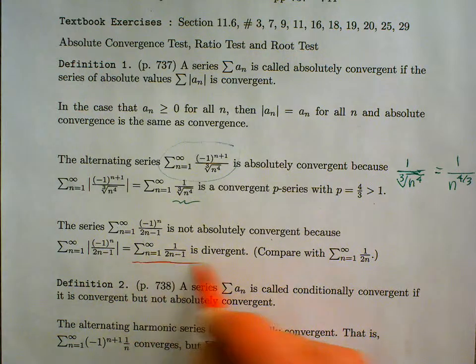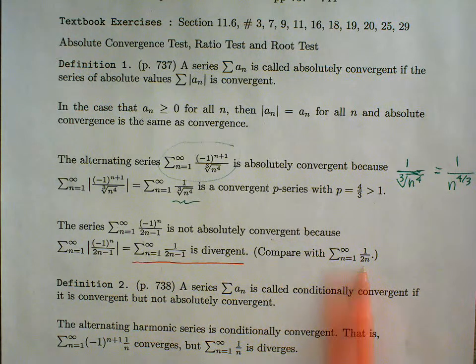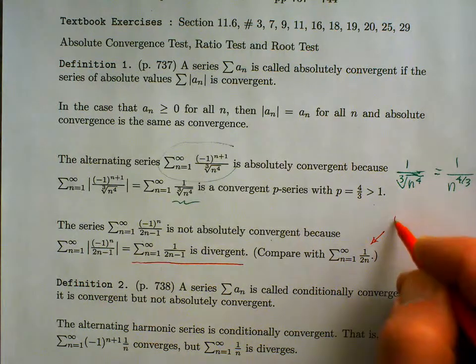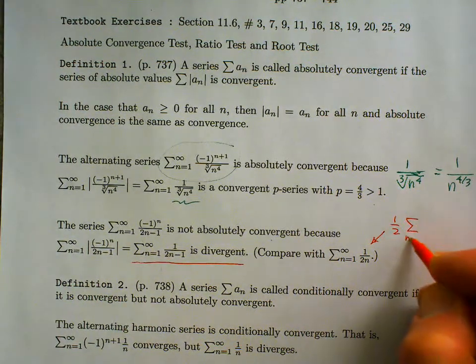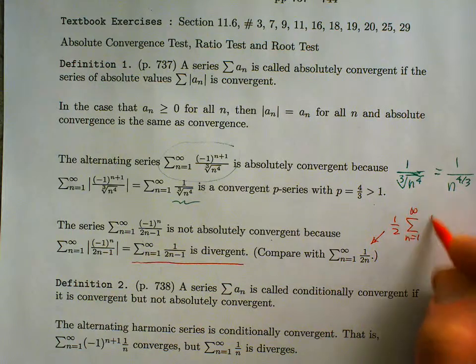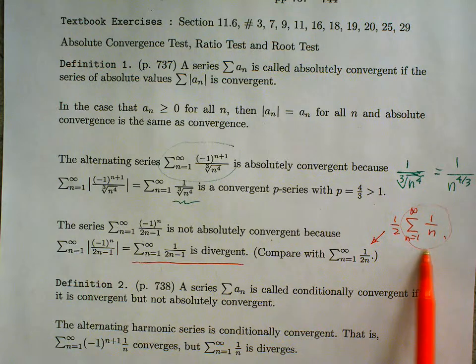You can show that by comparing it with this series, which is just 1/2 times the harmonic series. And we always want to remember that the harmonic series is divergent.